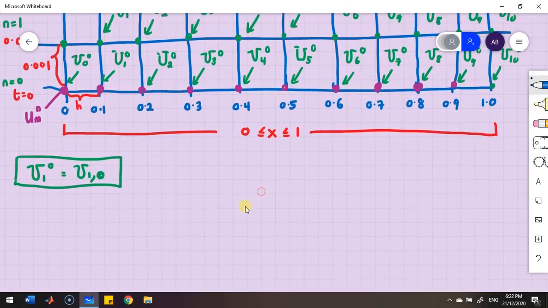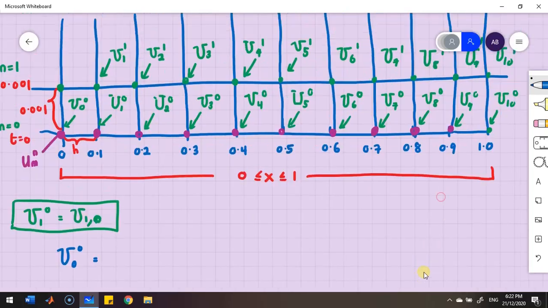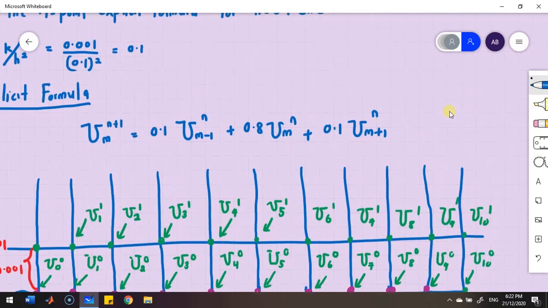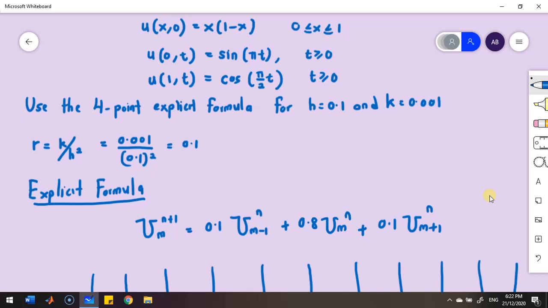Now if you understand what you want to find, let's put in the values and find all the initial conditions first. The first thing to find is U0,0. What is given at x equals 0 or at t equals 0? I can use either my initial condition or my boundary condition.